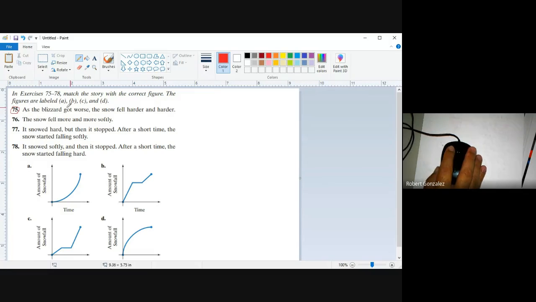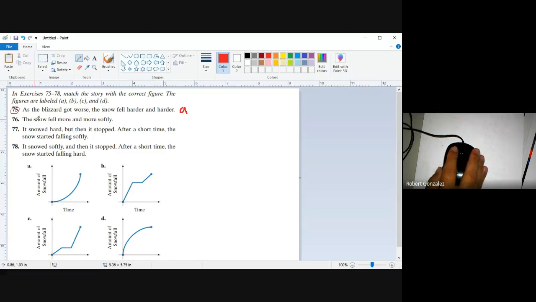So it says, as the blizzard got worse, the snow fell harder and harder. Okay, so I look at A, B, C, and D, and I see as time goes forward, where is there more snowfall? Well, consistently, it looks like it's A, but I don't want to say it's A yet. I want to check the other ones first. But for now, I think it's A. I'm going to put a little A here.